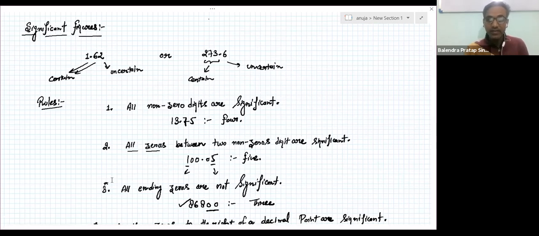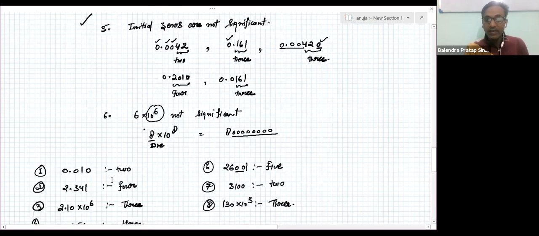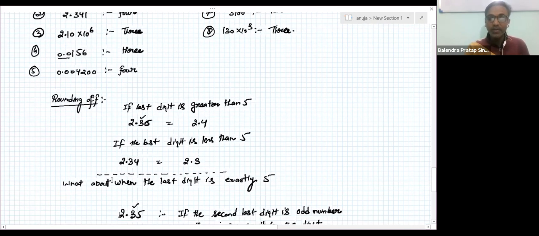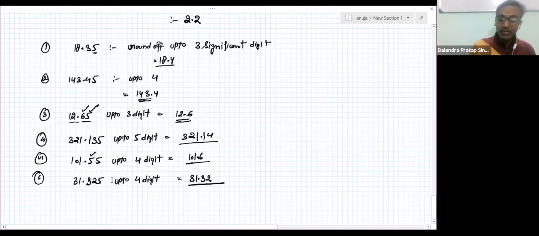And after that, I discussed what is significant figures, in which I discussed 5 rules. After that, we did some very easy numericals, and I discussed the concept of rounding off and based some problems on that. In our next class, I will discuss error analysis: how to find absolute error, relative error, percentage error. Next lecture will be based on that.